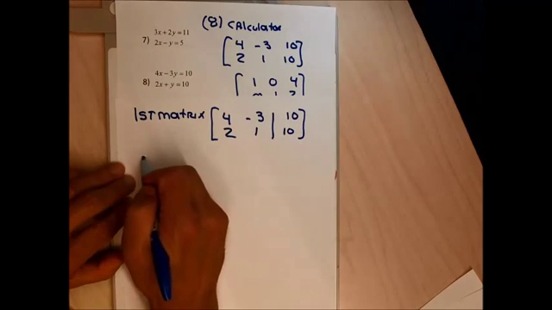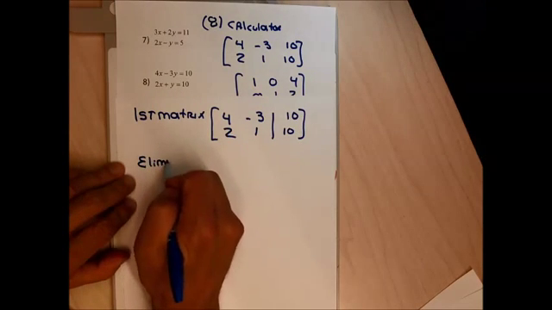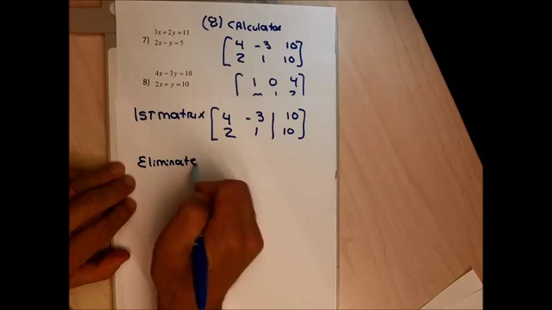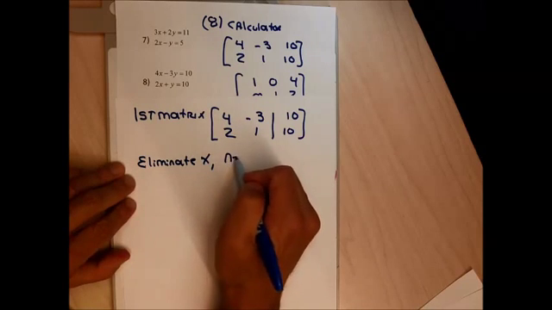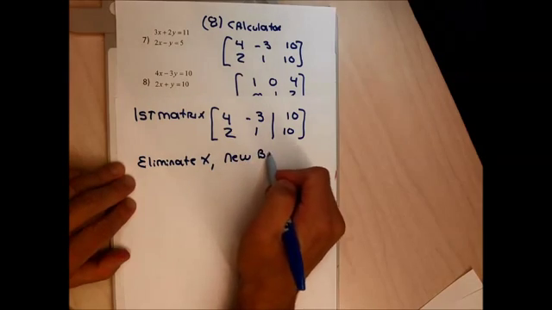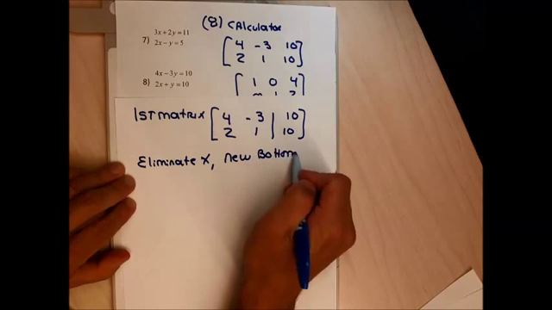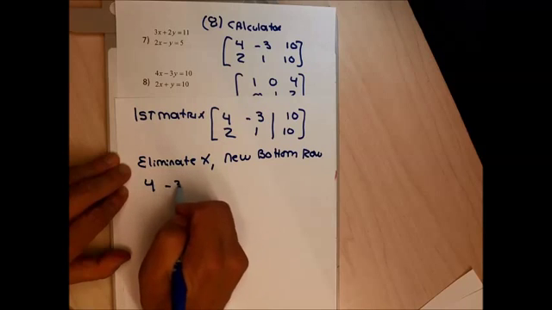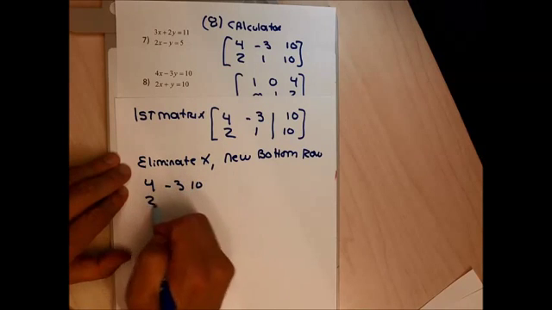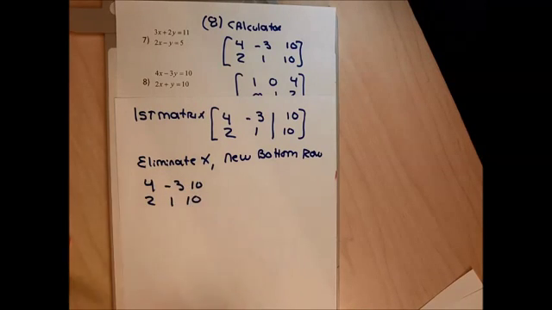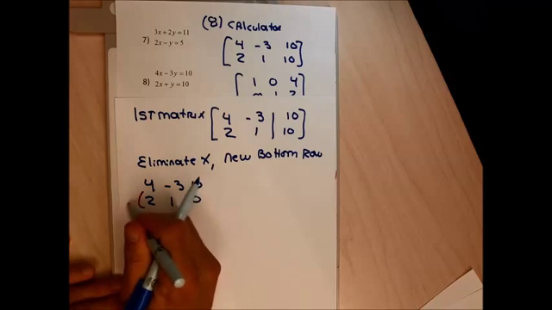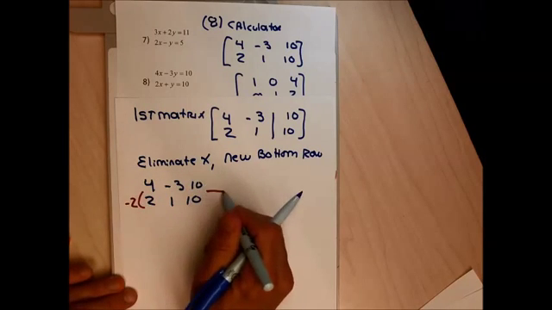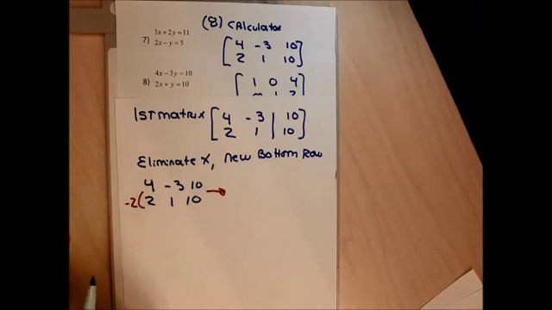So I'm going to eliminate the x's and make a new bottom row. So I'm going to take the 4, -3, 10, 2, 1, and 10 and eliminate the x's. I'm going to multiply the bottom row by -2 to make the x's drop out.